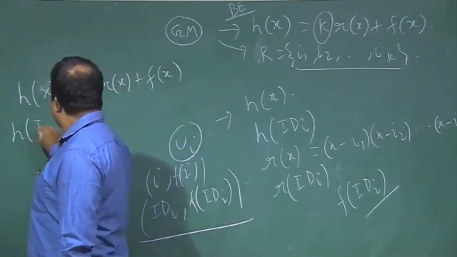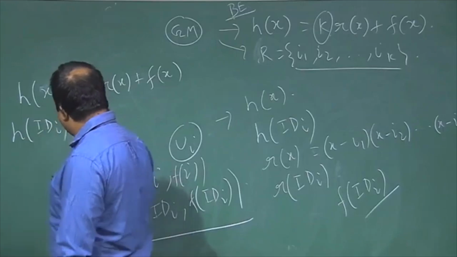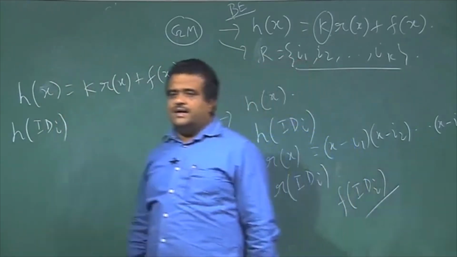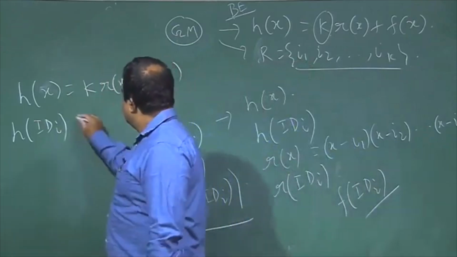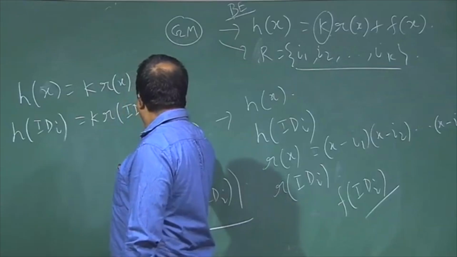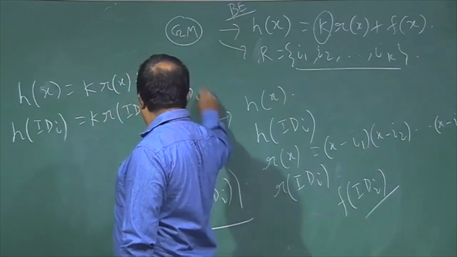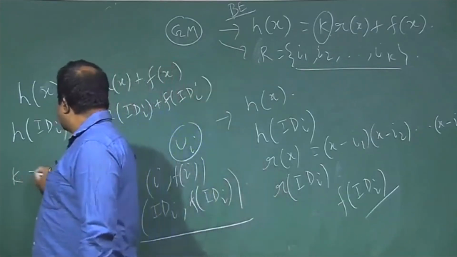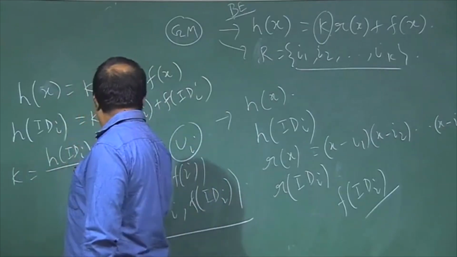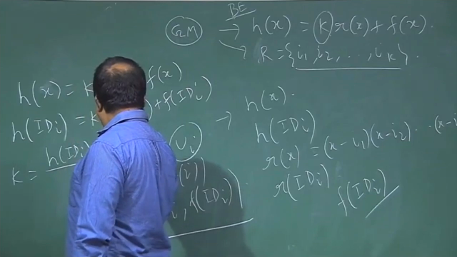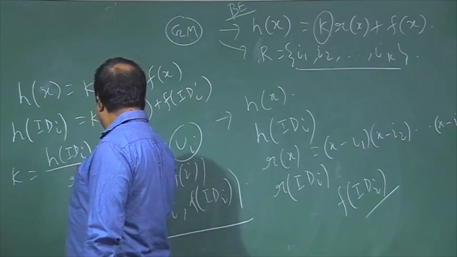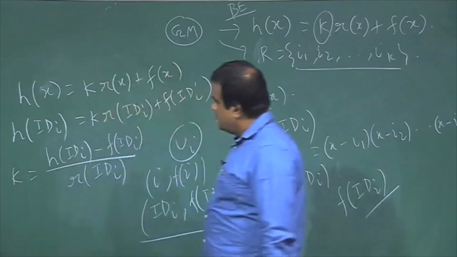So h of ID_i, or it could be just i for simplicity, but the ID should be an element from Z_p star, is k r of ID_i plus f of ID_i. So from here, k is basically h of ID_i minus f of ID_i, divided by r of ID_i.